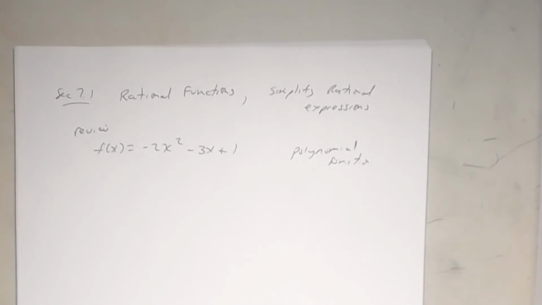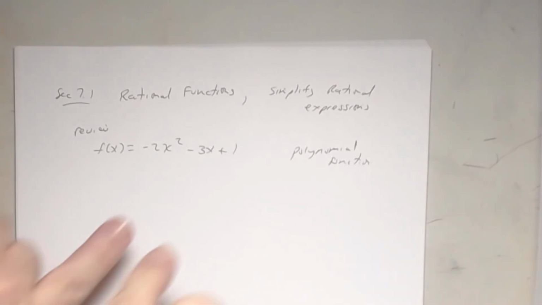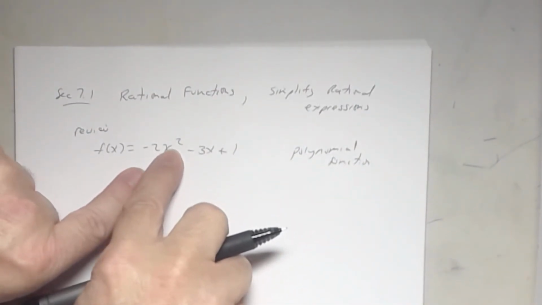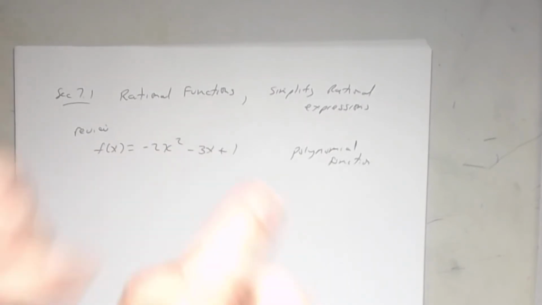So basically, in a polynomial function, your exponents are whole numbers. Remember, whole numbers are 0, 1, 2, 3, 4, and so on. I didn't say anything about negatives. Whole numbers are not negative.